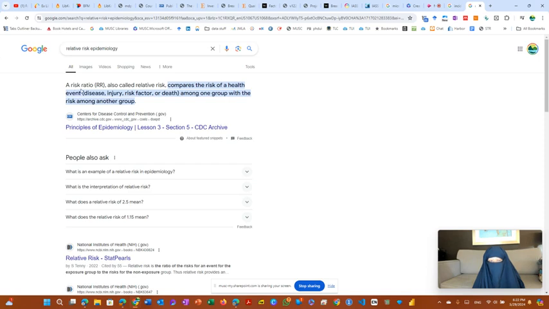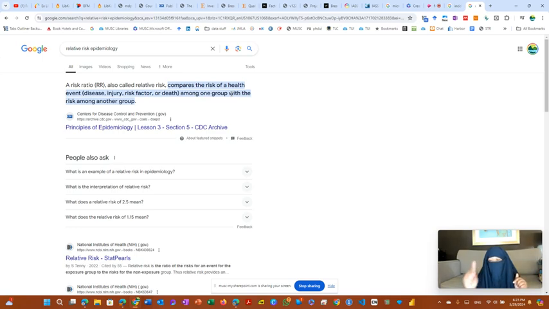So risk ratio or relative risk compares the risk of a health event, which would be all the long-term and short-term consequences, the maternal health outcomes, among one group of people with another group of people.